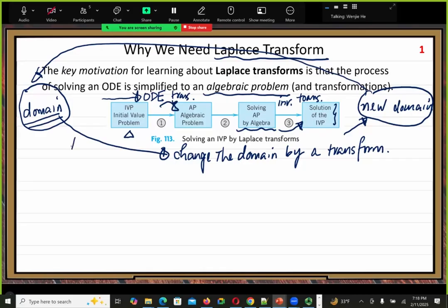So here it is by a transform, and here by its inverse transform. Every transform must have an inverse transform, otherwise it's useless. When you talk about some transform, any transform must have its corresponding inverse transform, otherwise this method is useless.